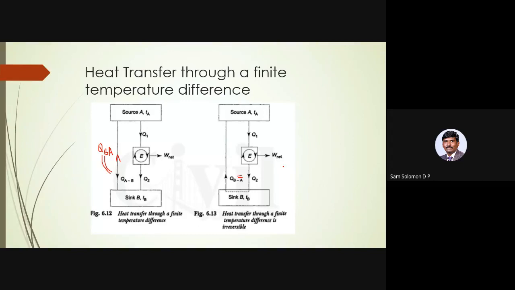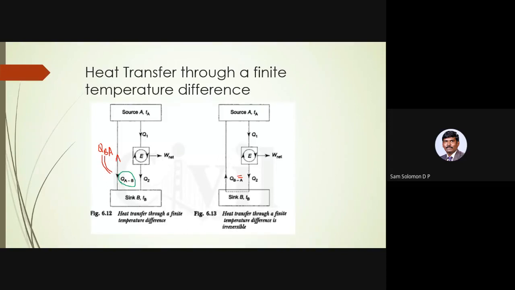In this first picture, what I have is a source at temperature TA and a sink at temperature TB. I'm going to have a heat transfer from source to sink, and because of the temperature difference, that heat transfer is QAB.